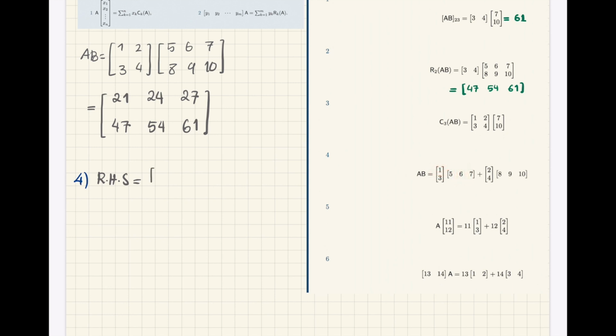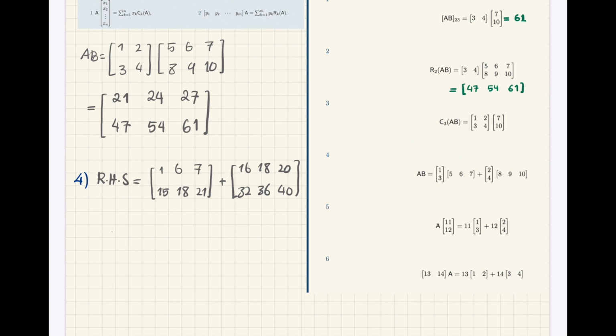So I hope that you agree with me. It's 1, 6, 7, 15, 18, 21. What I have written here is the first product, and then similarly for the second product, it becomes 16, 18, 20, 32, 36, and 40.